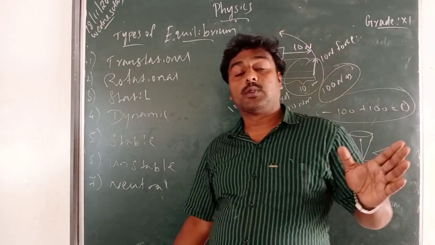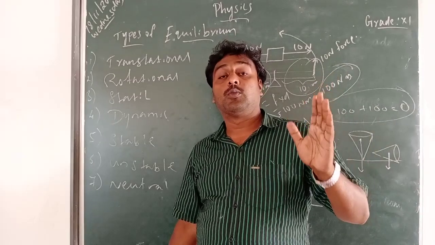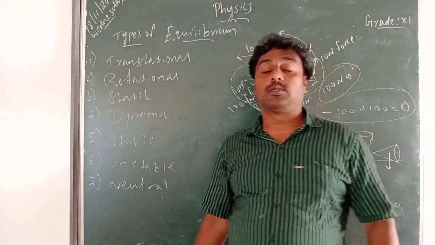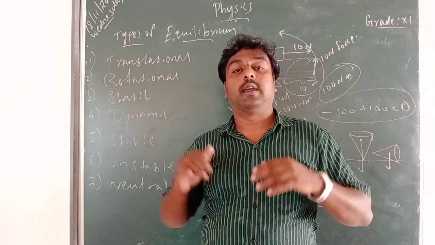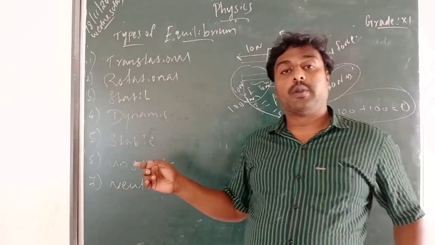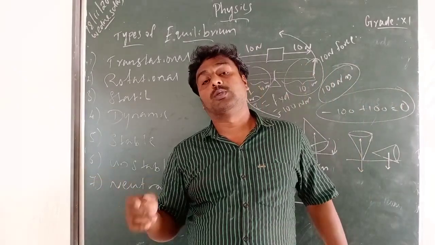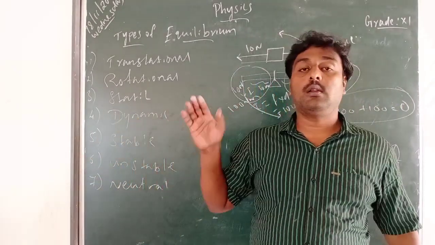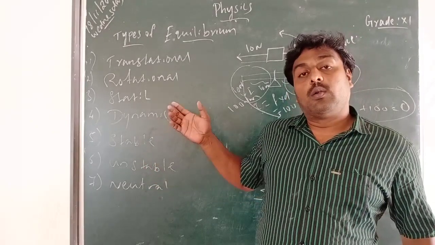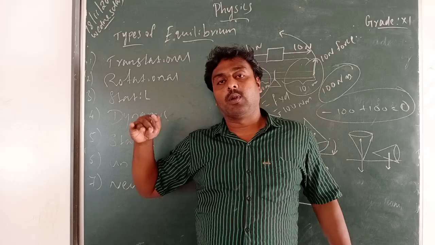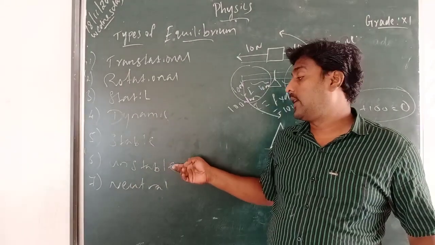Stable equilibrium: if you slightly disturb, it will come back to its original position; center of mass is higher, potential energy higher. Unstable equilibrium: slightly disturbed, it will not come back to its original position, center of mass is lowering down, so its potential energy decreases.